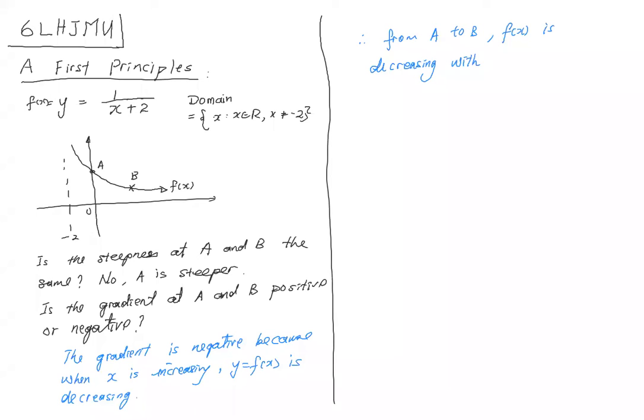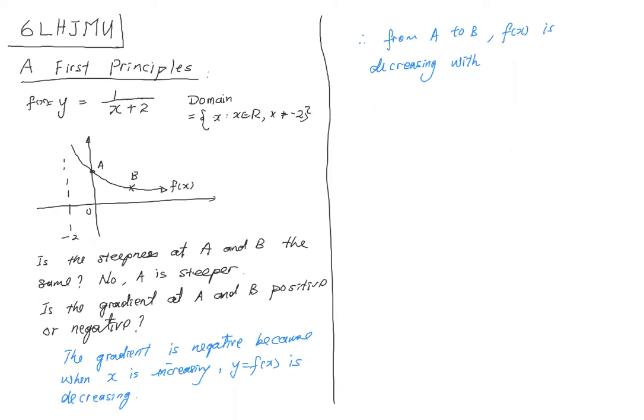Teacher, can you please repeat the question? Okay, from A to B, f(x) is decreasing with increasing rate or decreasing rate? Increasing rate. Why do you say increasing rate? Because x becomes bigger.